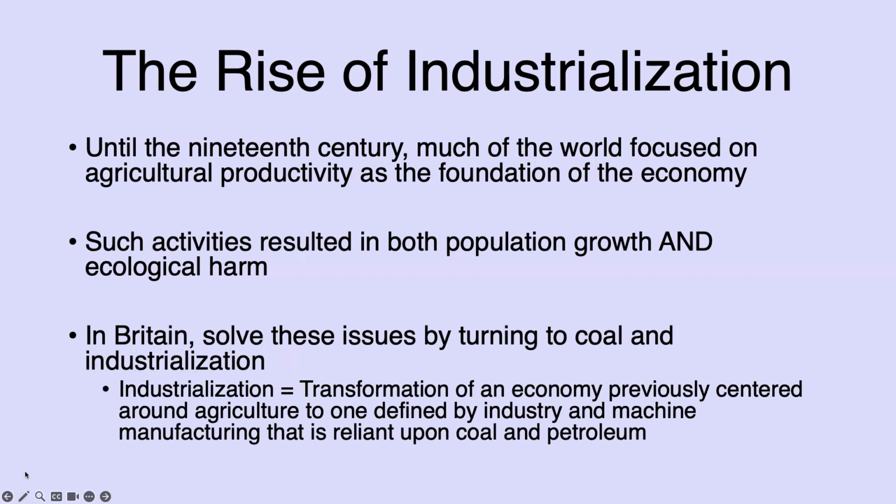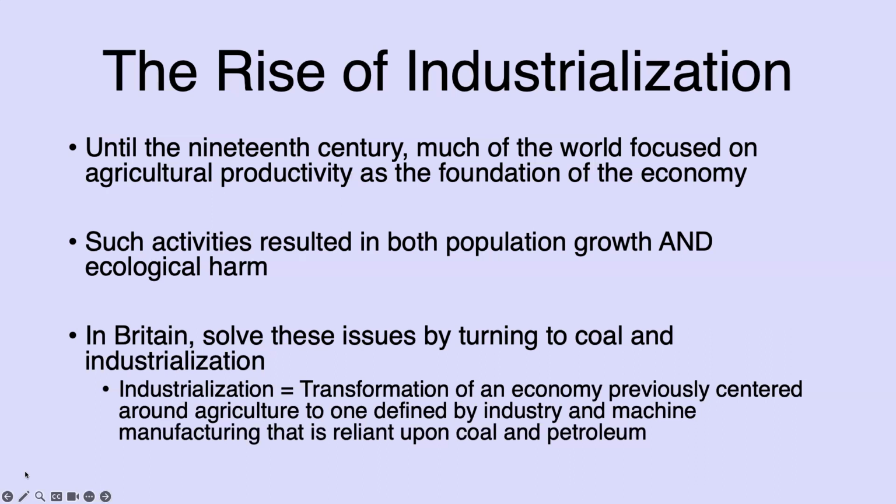Now, what is industrialization? We are going to define it here as the transformation of an economy previously centered around agriculture, what we've talked about in units prior, to one that is defined by industry and machine manufacturing that is reliant upon coal and petroleum to function.